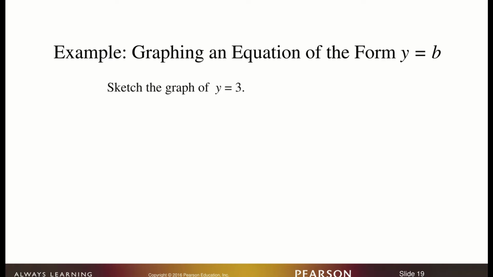So let's say we want to graph the line represented by y equals 3, right? So we know that if you want to make a table to do it, the table is going to look pretty simple because something is never going to change. And which one is that? The y values. They're always going to be 3. So what x values should you use? Makes no difference. Just use the 3 simplest x values that come to your mind.